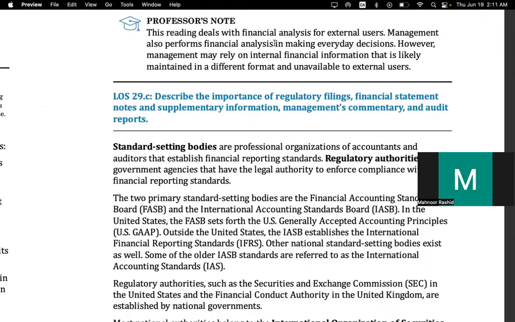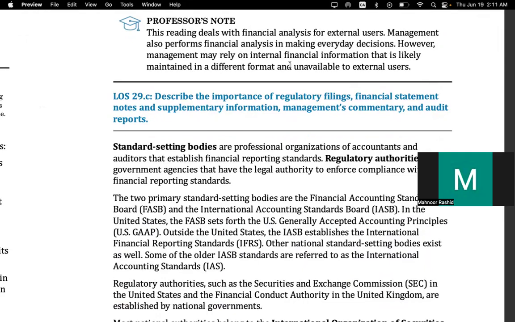Okay, so this reading is dealing with financial statement analysis for external users, not insiders. Management of the company, as in the CEO or the employees within the company, also perform their own financial statement analysis where they make everyday decisions.